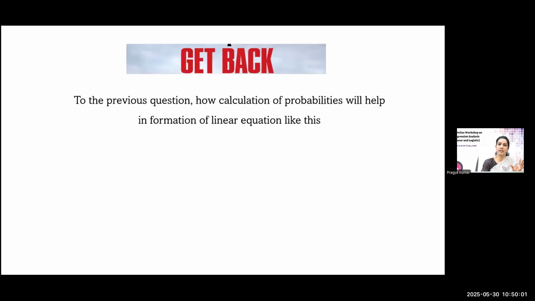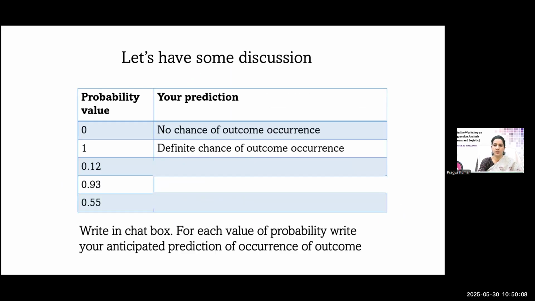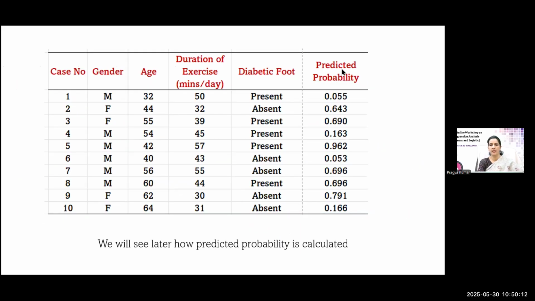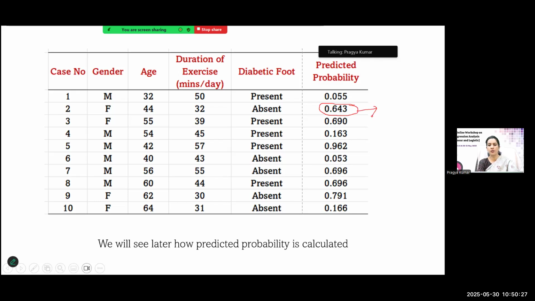So now, we were just discussing how the software will say that a particular event will happen or not happen. In this case, you can see diabetic foot present, what is the probability? 0.055. And now, if the probability is 0.643, ideally, according to the rule, what should have been the situation?